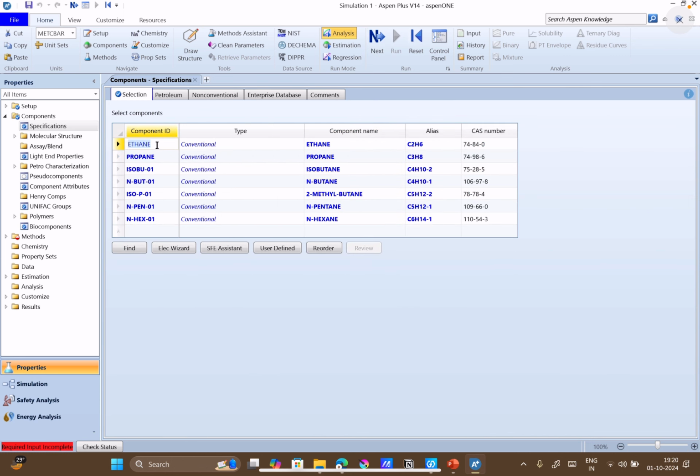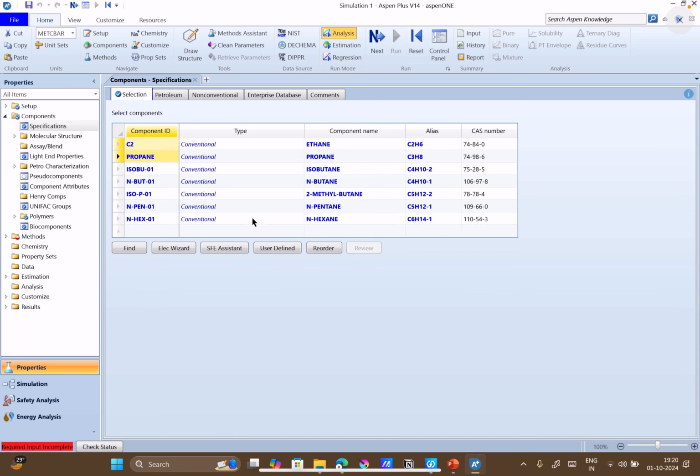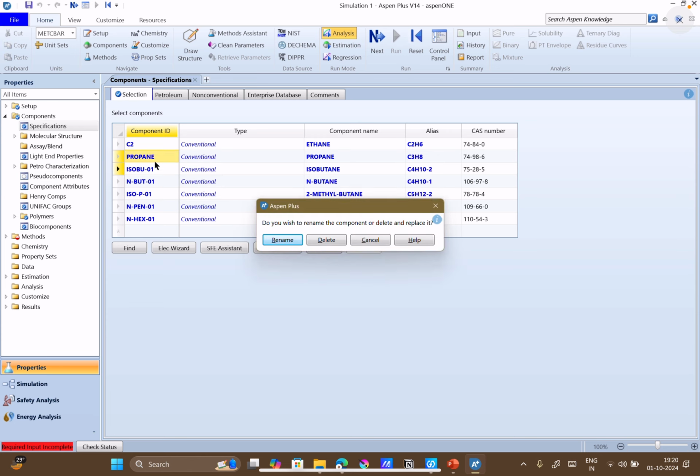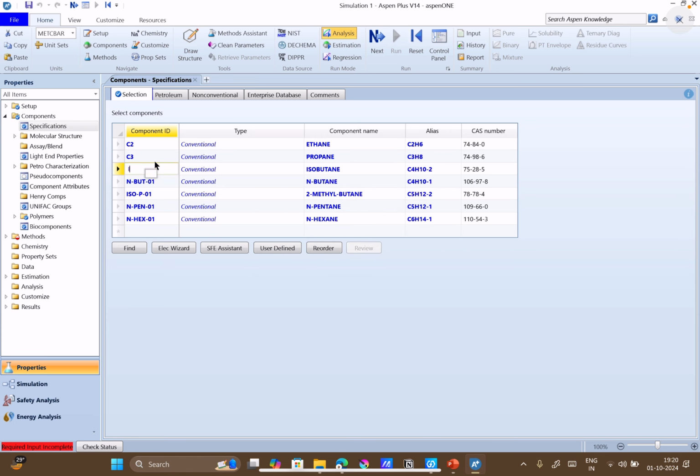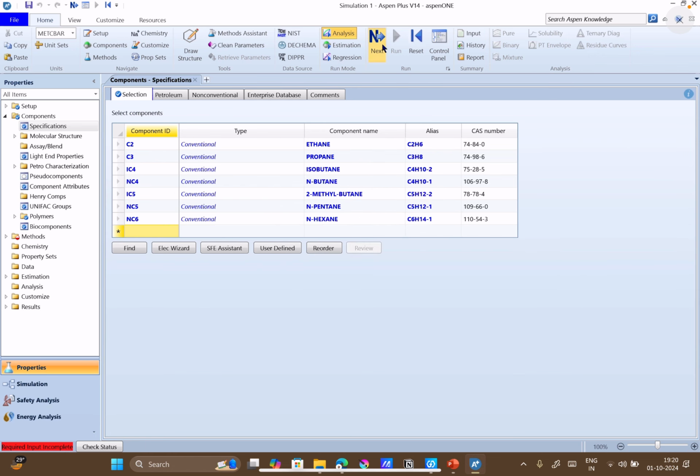If you want, you can change the name. Let's put it C2, rename, C3, rename, IC4, rename it, NC4, IC5, NC5, and then we have NC6. Okay.